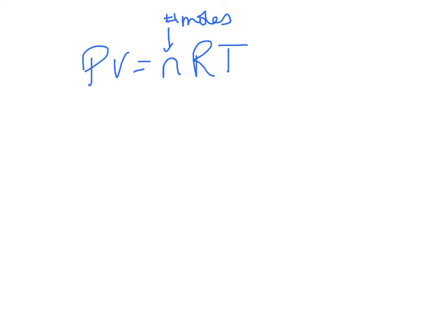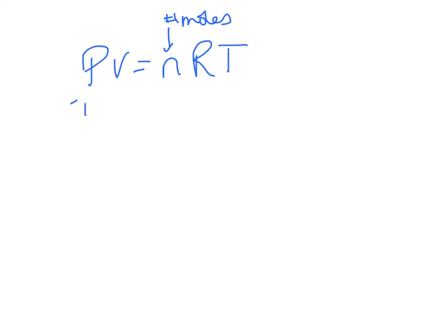What would you do if you had to use PV equals nRT? You use this when they give you the number of moles. On the pretest, it gives you grams and you have to convert grams to moles, but I'll just go ahead and give you the number of moles of gas.